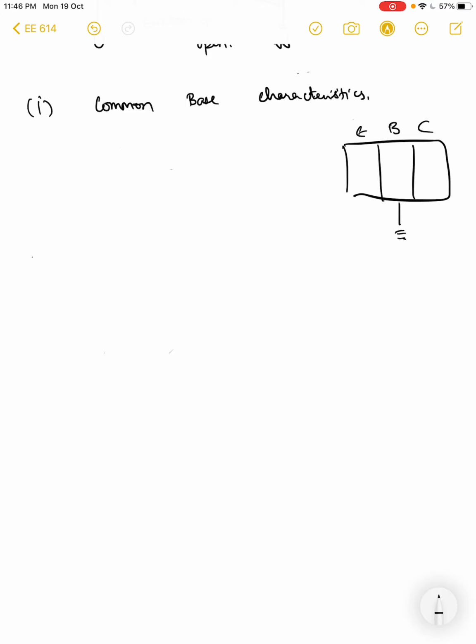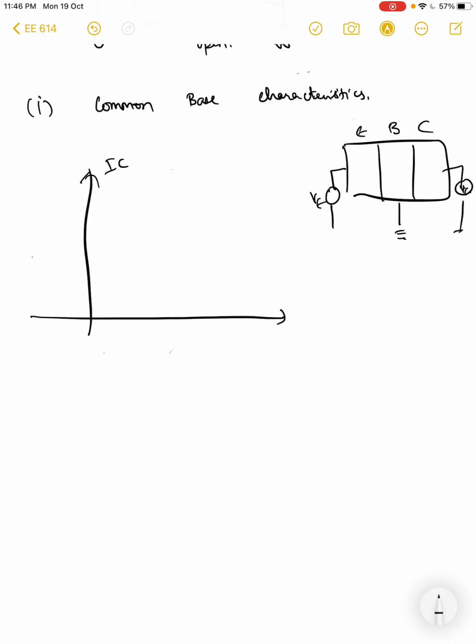Base is grounded and you have some potential here VE and we have some potential here VC, right? Under this situation, if I draw the output collector current as a function of the collector base potential VCB, it turns out to look something like this. It remains almost constant without a slope. I think I have drawn this with some sort of a slope.